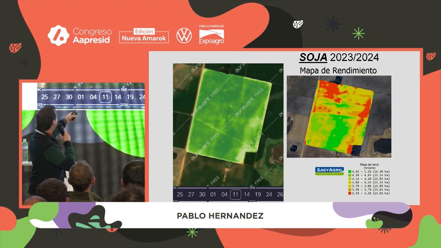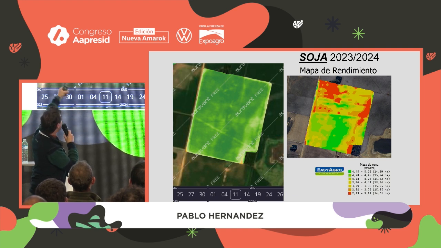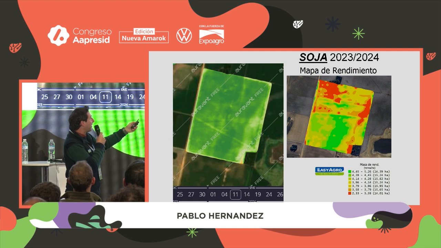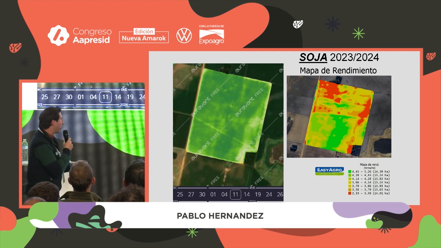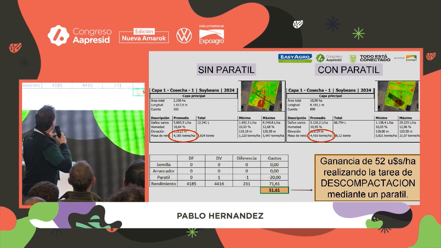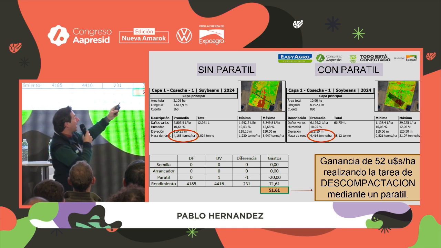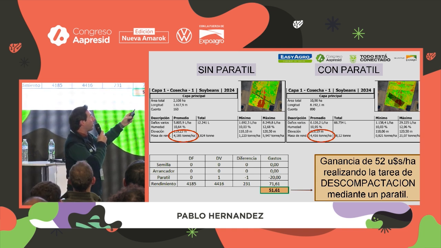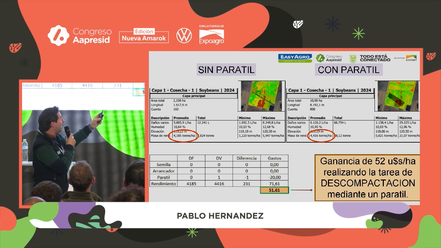To look at the image of the soy on January 11th, 2024, it still has that line where no tilling was done, and soy gave an average of 4,000 kilos. Where no paratill was used in 2022, the soy yielded fewer tons.